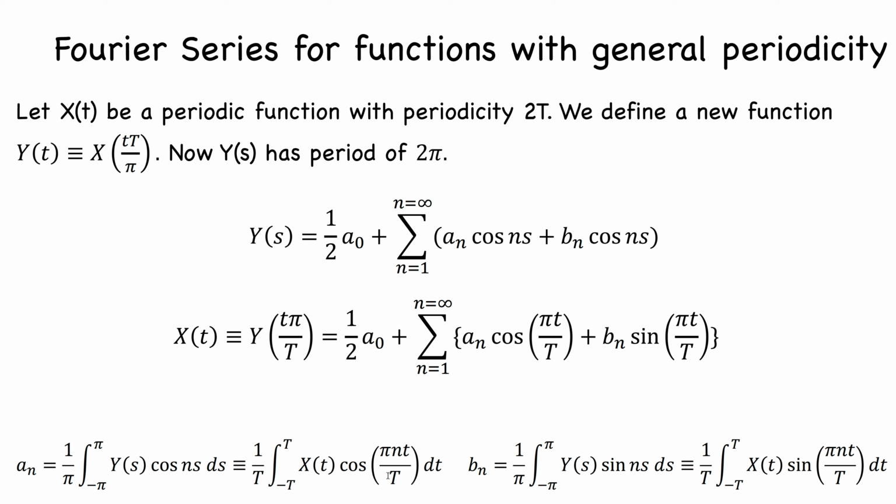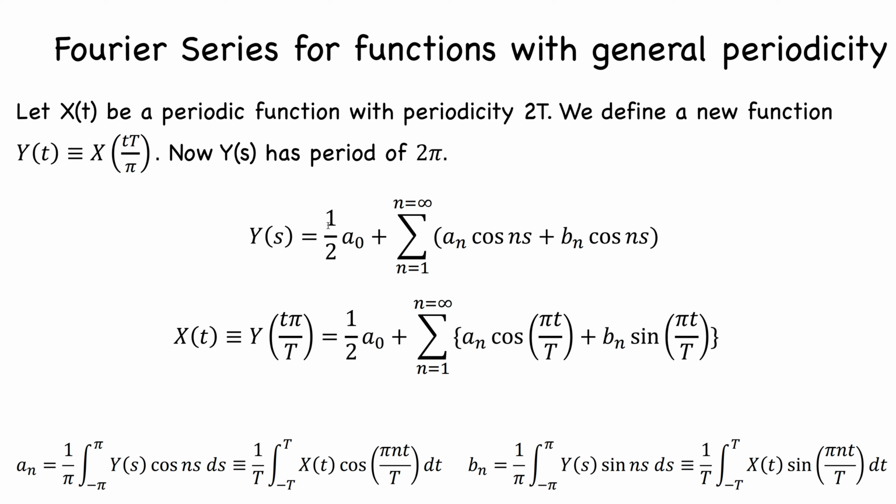This we did with a period of 2 pi. When the periodic function has a period of 2 pi, this can be extended to a periodic function with a general periodicity, for example 2T. In this case, we will need to make some variable changes here. Y(t) should be y(s), so in place of t directly, we can replace t by s, where s is equal to pi t divided by T. So we are making a change of variable here, again as I said in the last class.